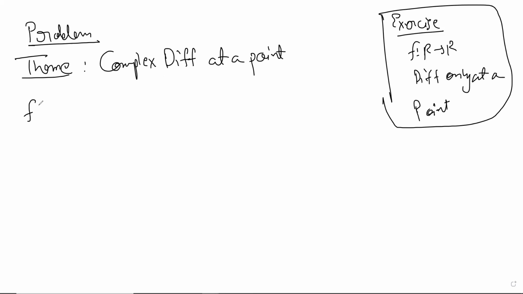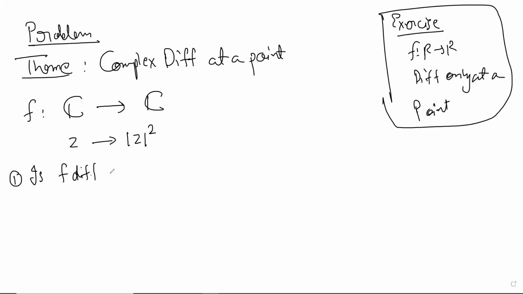Let us look at this function, which is from C to C. In fact it's C to R, but that's also in C, so it's from C to C. And the function is, this is important, z going to |z|^2. These questions, as I said, we will use in counterexamples and such. So first, is f differentiable at z equal to 0?